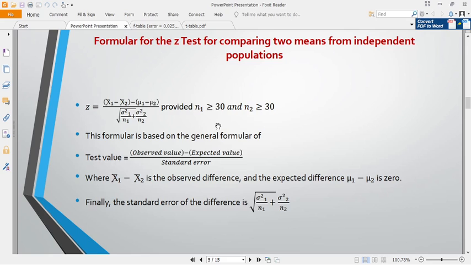Therefore, when both samples are greater than or equal to 30, we use the above formula, where x1 minus x2 represents the observed difference in sample means, the difference between the two expected means gives us the expected value, and the denominator is the standard error, which represents the standard deviation. We've seen this in the above slide.